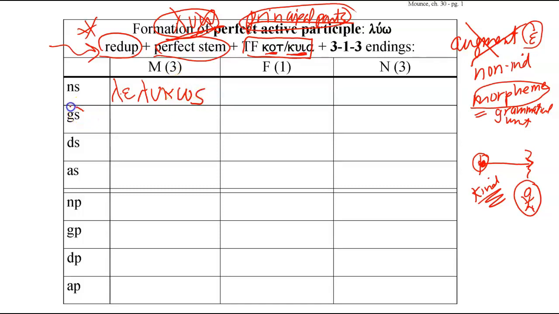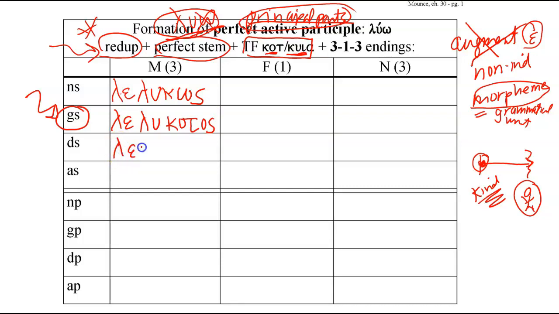Lelukos. As with any other participle, the genitive singular form is where you're going to see the stem that you use for the whole paradigm. So you have reduplication, you have lu, you have -kot, and the third declension genitive singular masculine ending is -os. So lelukotos is the genitive singular for the perfect participle.